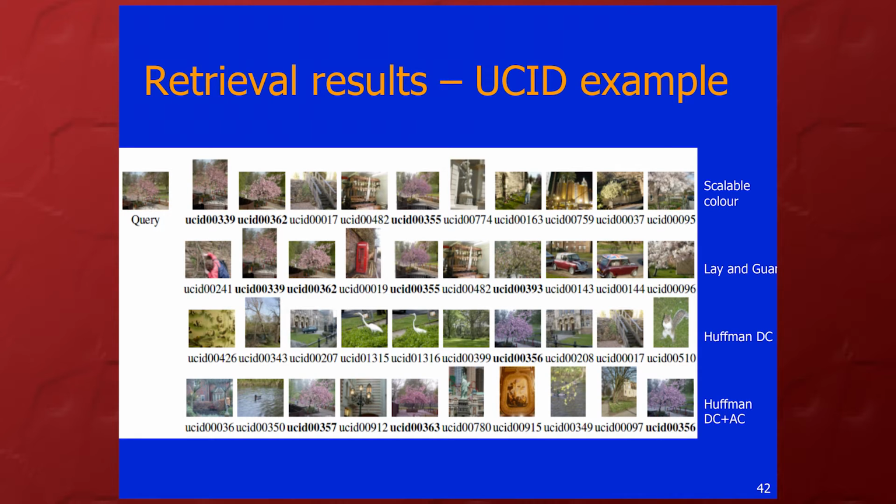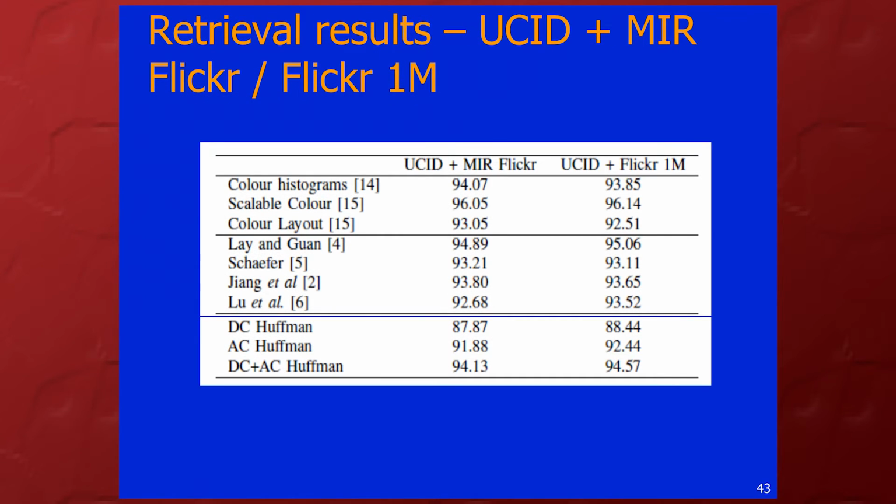We've then scaled that further. The UCID data set has about 1,500 images. And what we've then done is essentially expanded it. We've mixed it with the Flickr 1 million data set. So we've now got a combined data set of just over 1 million images. And we can see how well the retrieval performance scales.